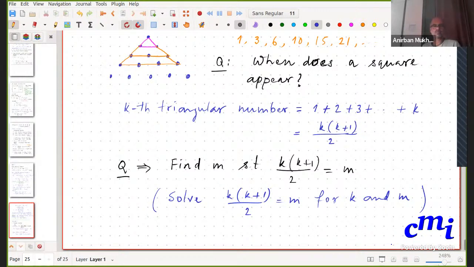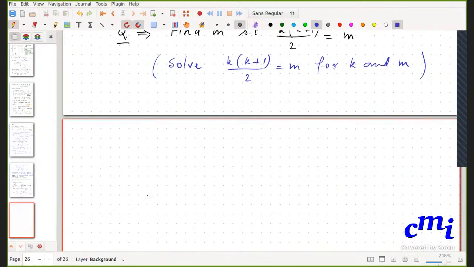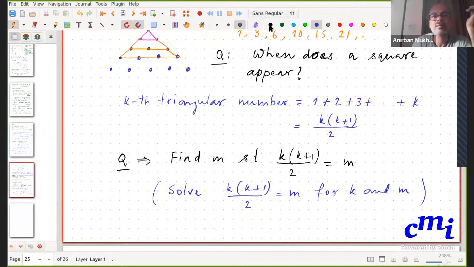To solve it, of course, we simplify it slightly. So we work with the equation. It's m square or m? Oh yes, of course. Thank you. That doesn't make sense. Yes, this is m square. That's what we are looking for. It has to be a square.